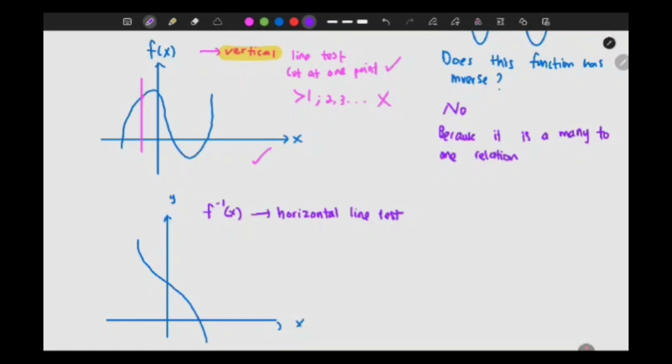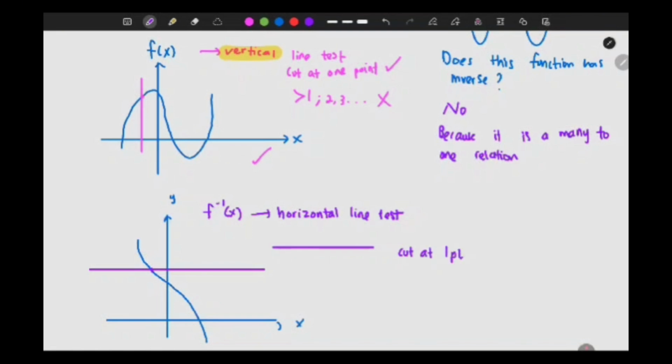And same thing, if it cuts at one point, then there's an inverse function. If it does not cut at one point, if it's more than one, for example 2, 3 like this, there's no inverse function. So if they give you a graph, do the horizontal line test.